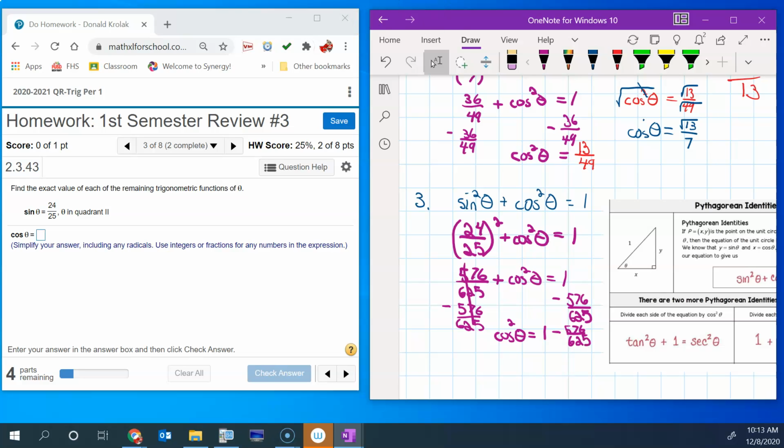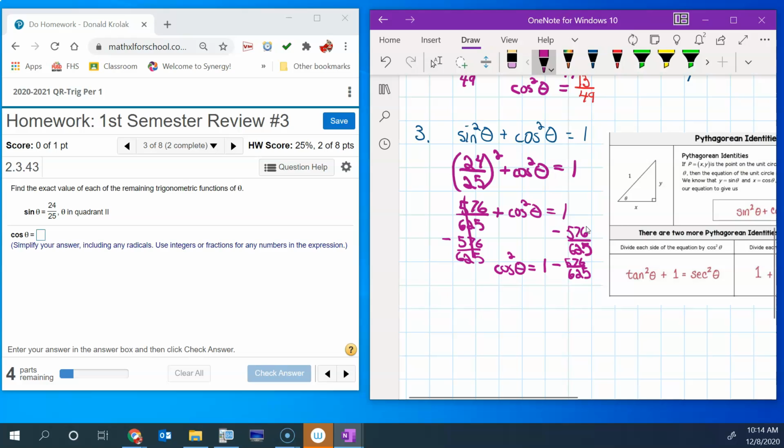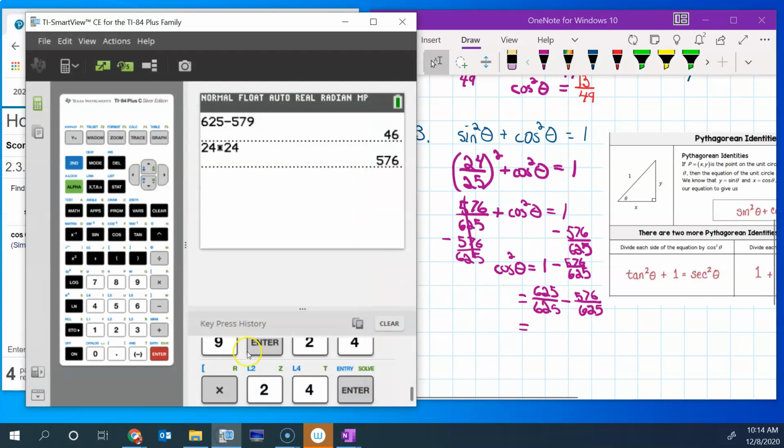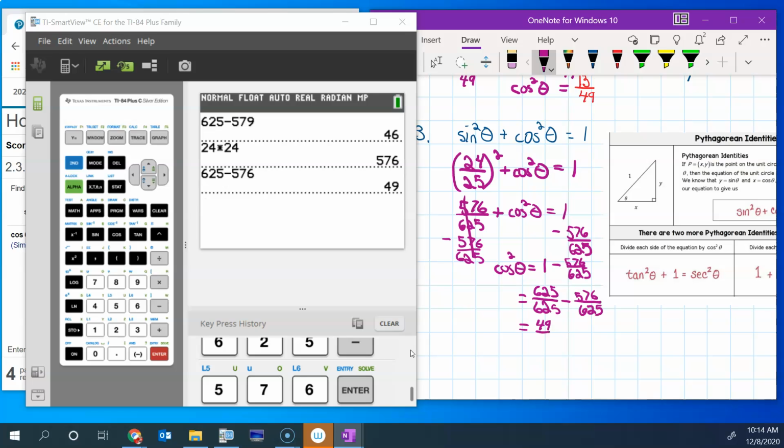All right, so to do that subtraction, I'm going to turn the 1 into 625 over 625. Okay, and subtract my numerators. 625 minus 576, and that gives me 49. Cosine squared theta.